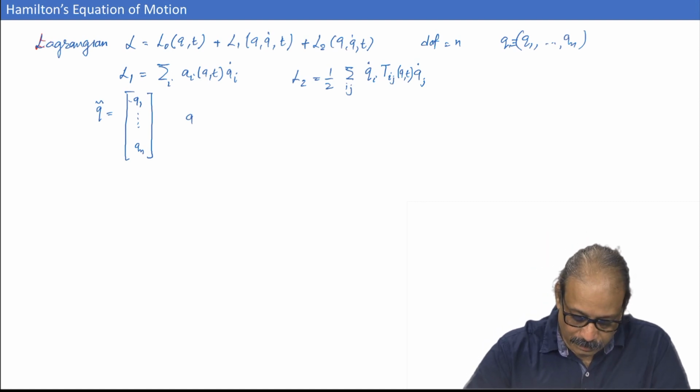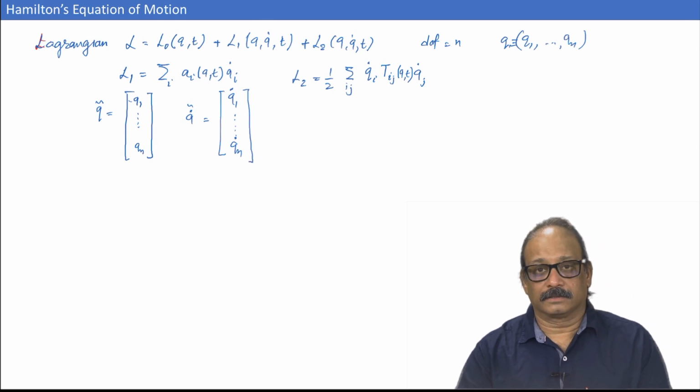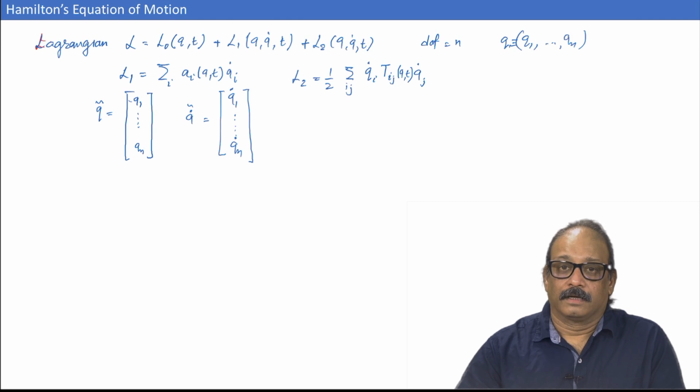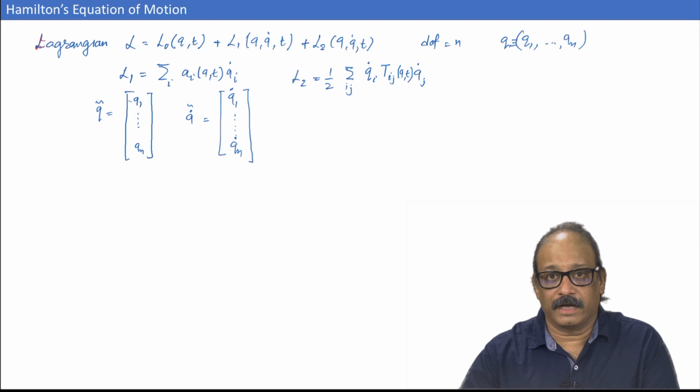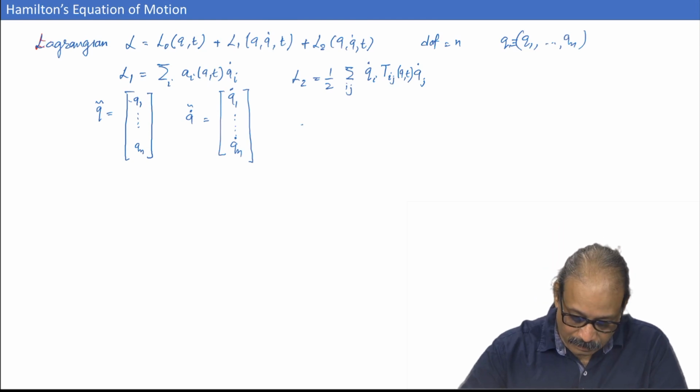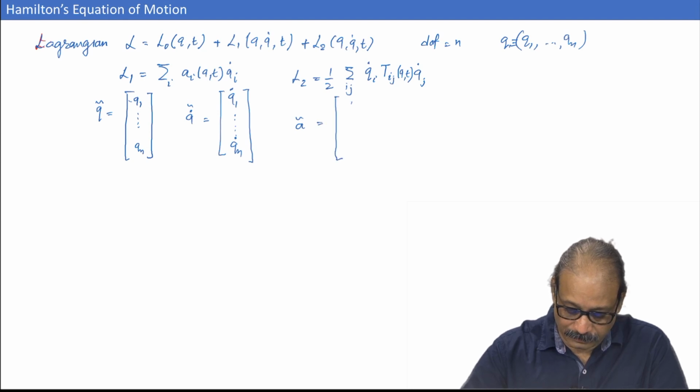Your q dot matrix will also look like q 1 dot to q n dot. All right, so this is your q dot matrix. In addition, now I need these coefficients a i of q i dots. So, I will put that also in matrix form. So, your A tilde is a column matrix with entries a 1 to a n.